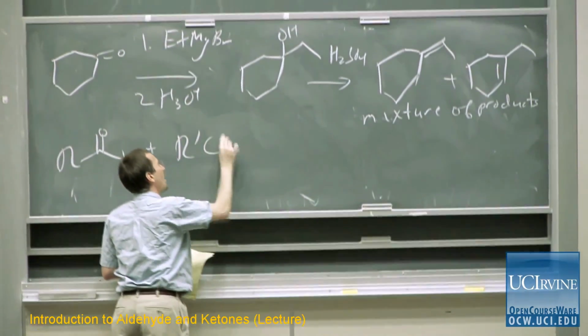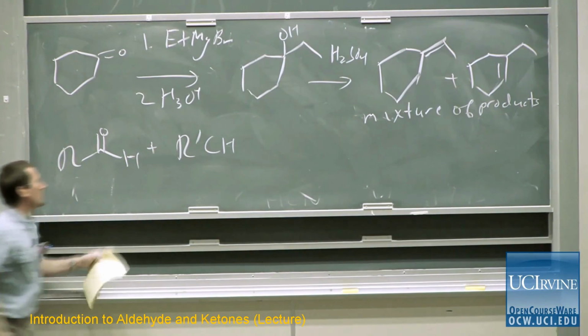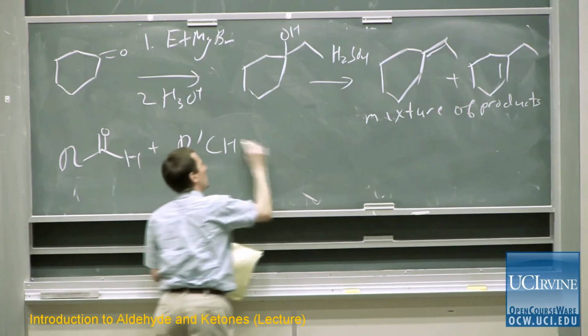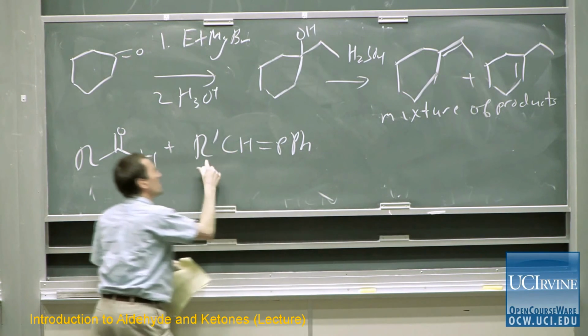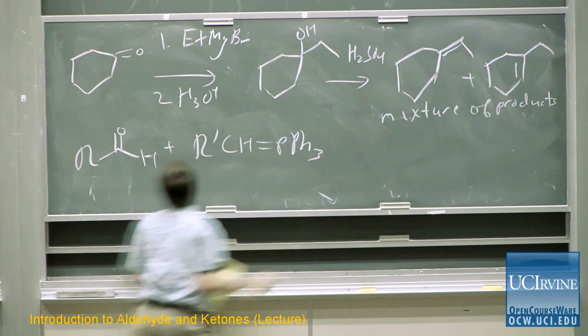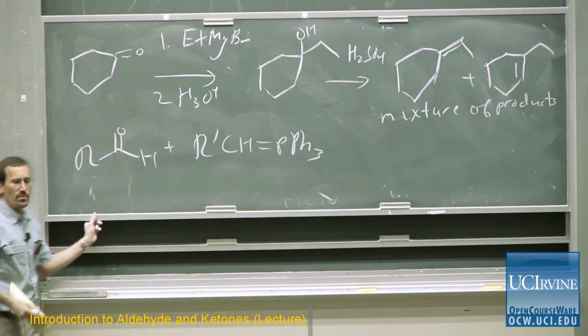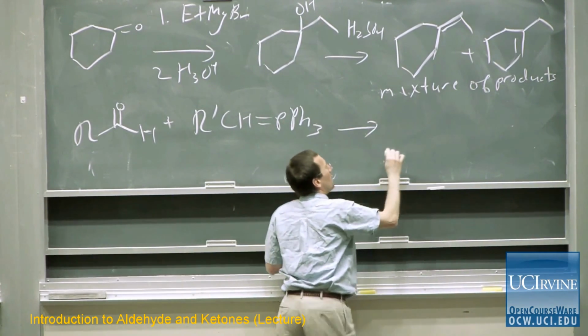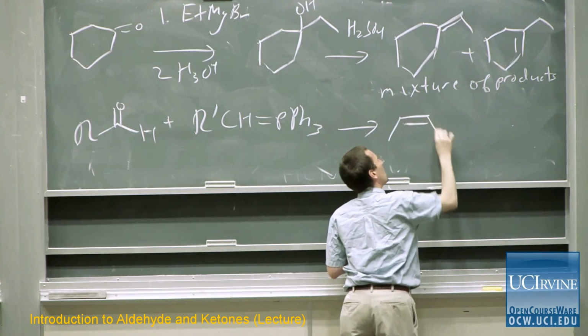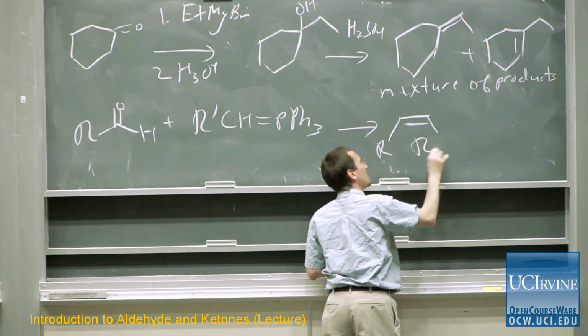So if we have a monosubstituted Wittig reagent, in other words, a Wittig reagent that has just one R group on it, and we have an aldehyde, and we allow them to react, we get a mixture of products, the cis and trans alkene.